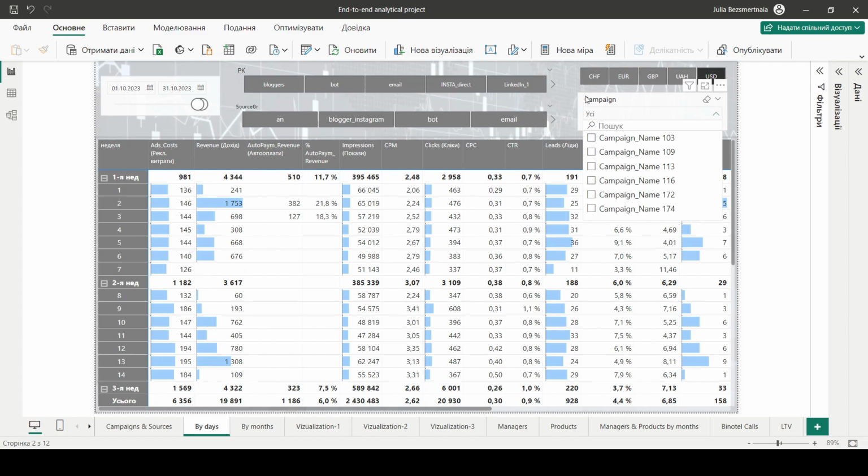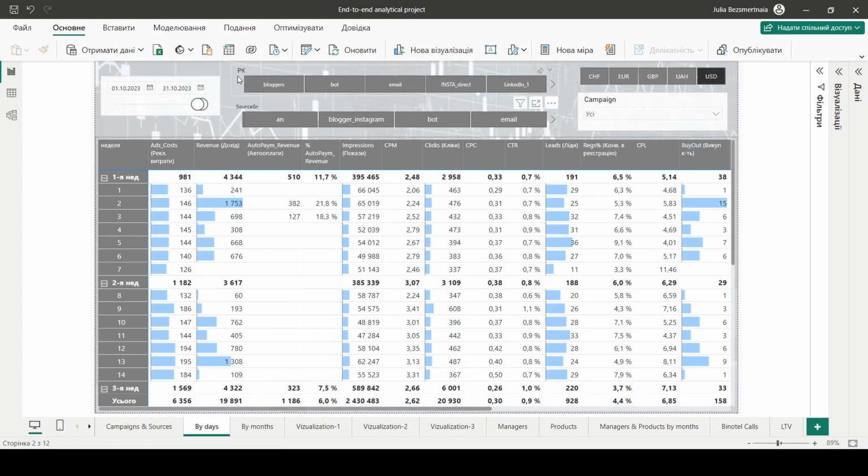Also, we can filter data by ad accounts, for example, Ads Manager, Google Ads, and also by ad channel, for example, Google, Facebook and Instagram, email, bot.